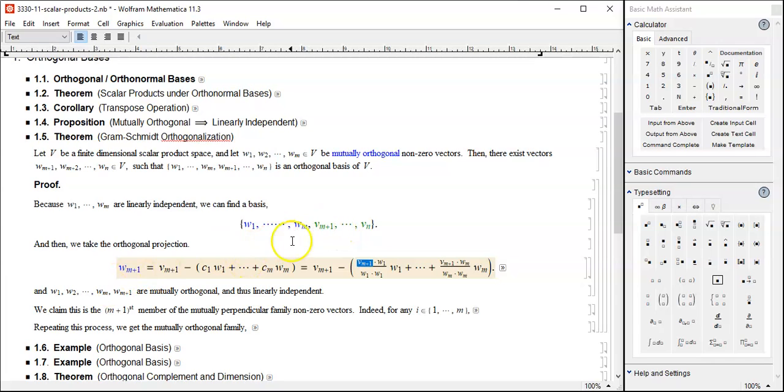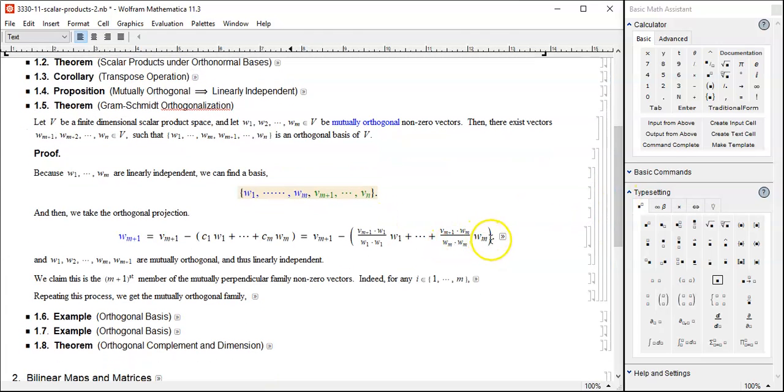So basically what we are trying to do is this Vm plus 1 gave us this Wm plus 1. So this Wm plus 1 will replace this one. And then we do the same thing with Vm plus 2, and then the same thing with Vm plus 3, all the way until Vn.